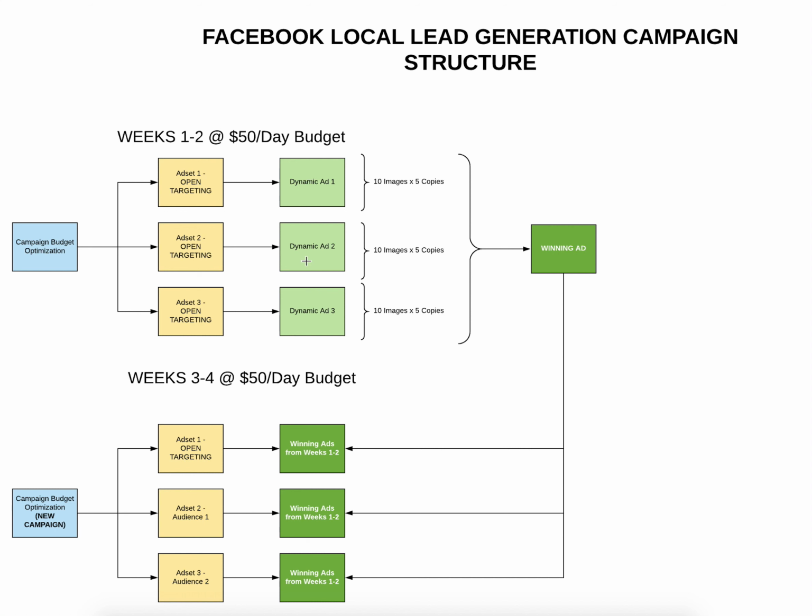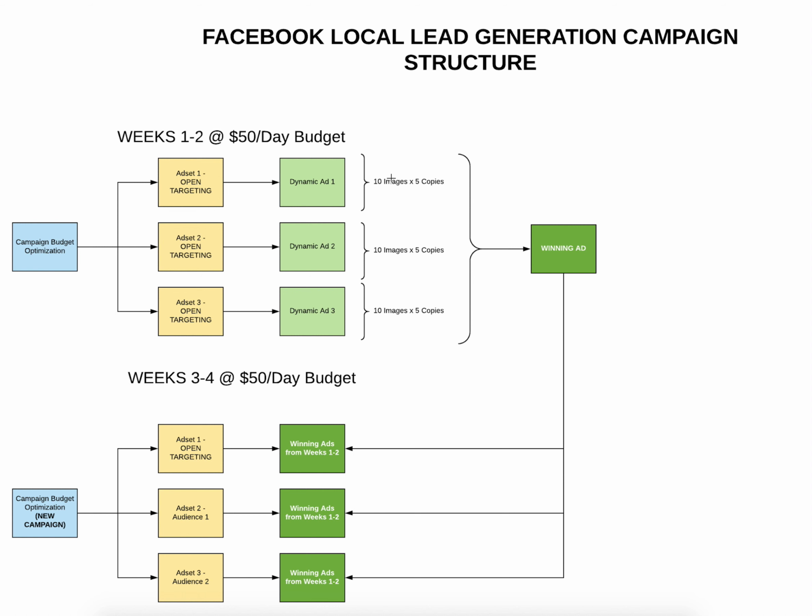We're going to have dynamic ads. Each one of these dynamic ads will contain 10 images and up to 5 copies. Now, keep the copy the same across each one of these tests. We're testing images first. I want to know which image is going to produce the most visually appealing results, the best CTR, the best link click price, and the best view content price.